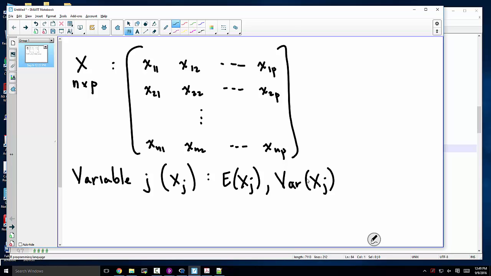So not only are there means and variances, there are also covariances, co-relationships between the variables that we have data on. The fact that you measured p variables for every individual means you can also talk about joint relationships between the variables. So we could say there's covariances also.